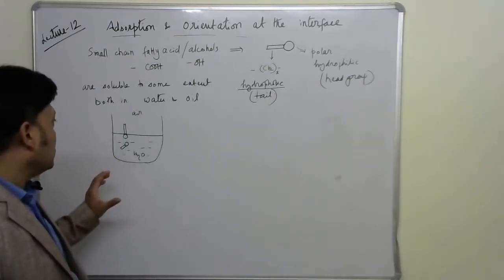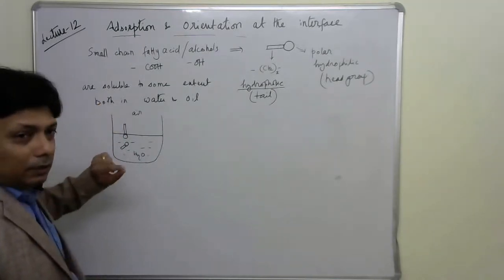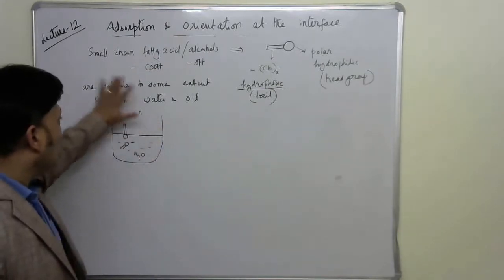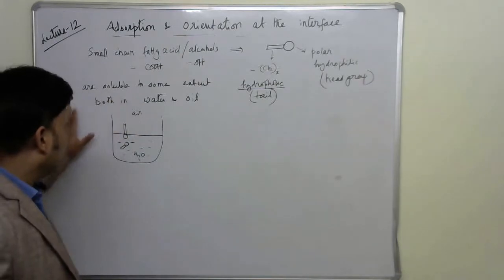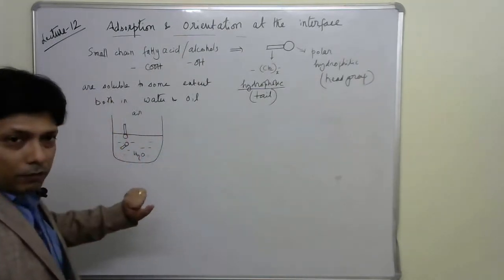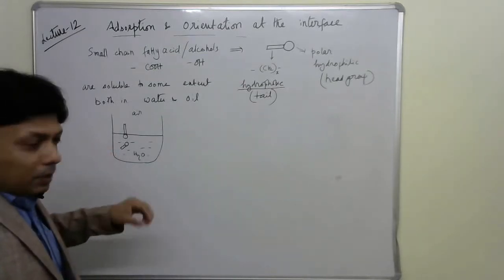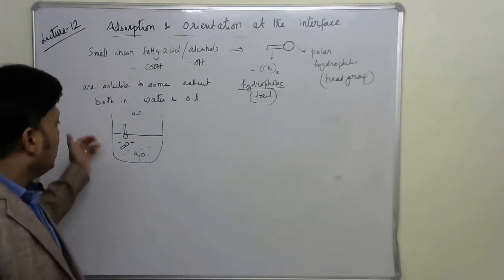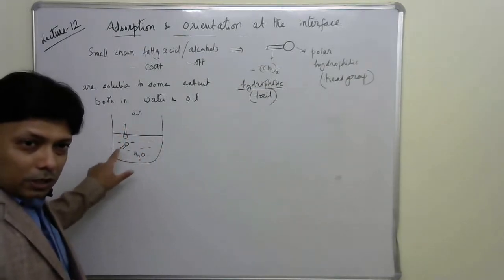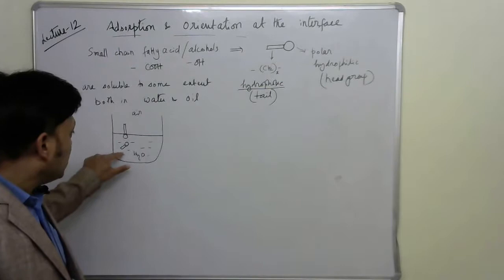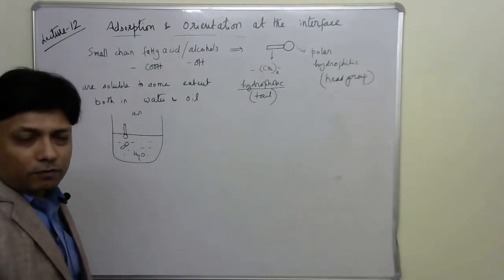Now the question is, at the beginning there are no such molecules existing in the water or at the air-water interface. So there are 0 molecules, and now I'm adding them one by one. At the initial stage, which is the favorable situation? The molecule staying in the bulk, or the molecule staying at the interface or surface?